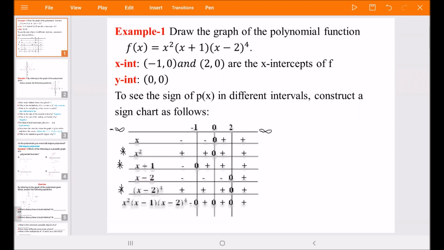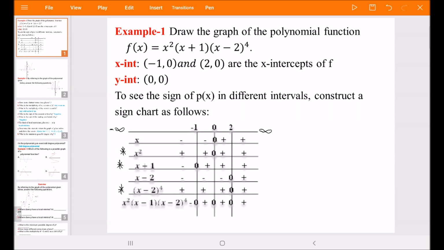Now we know where the graph of f of x lies below and above the x-axis, and where it crosses the x-axis at -1 and 0. With this information and a smooth curve, we can sketch the graph of this polynomial.